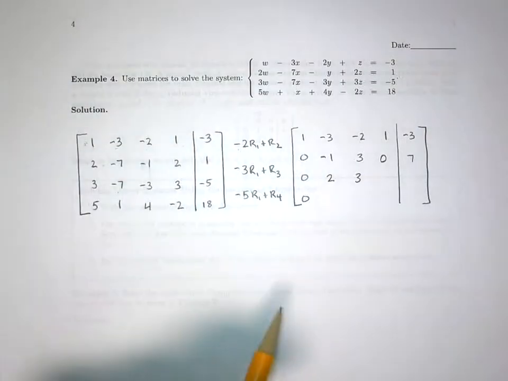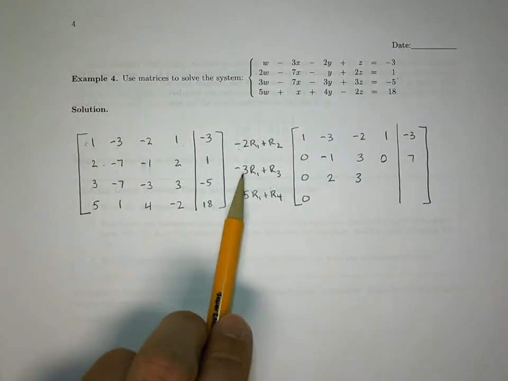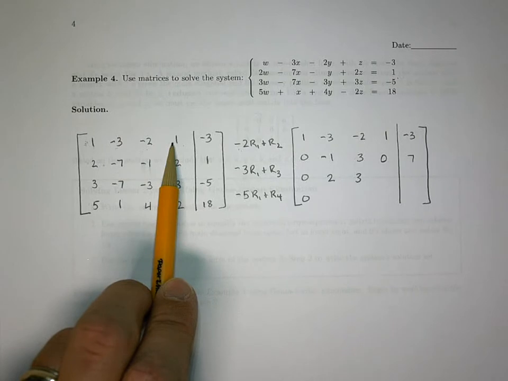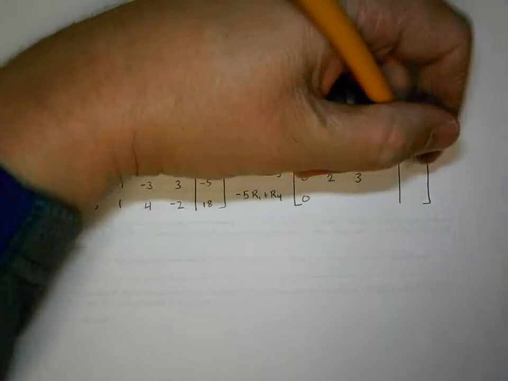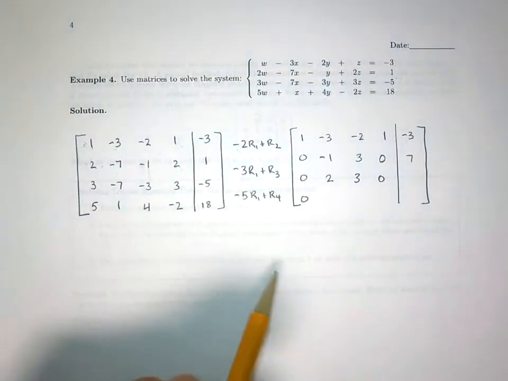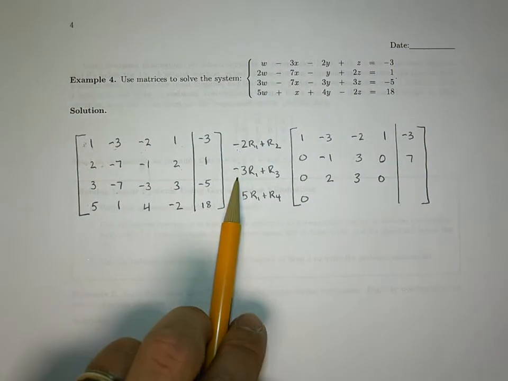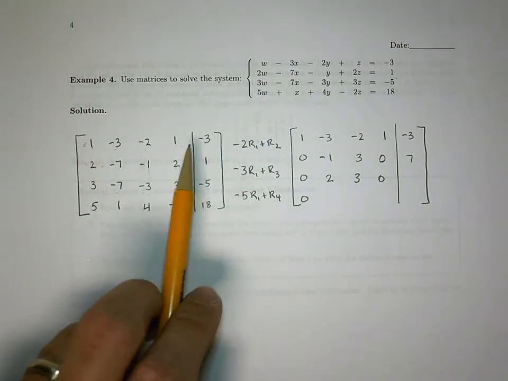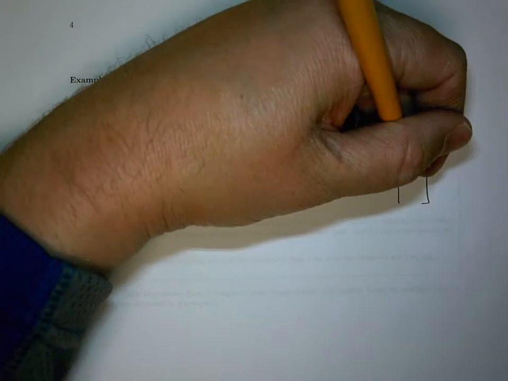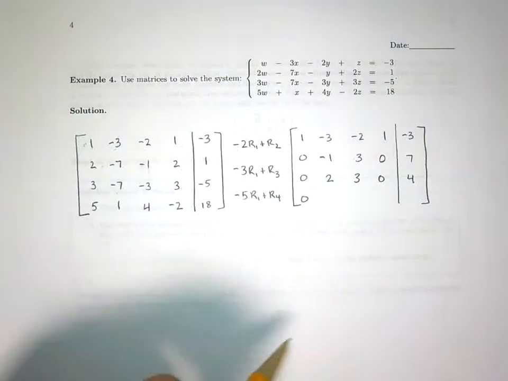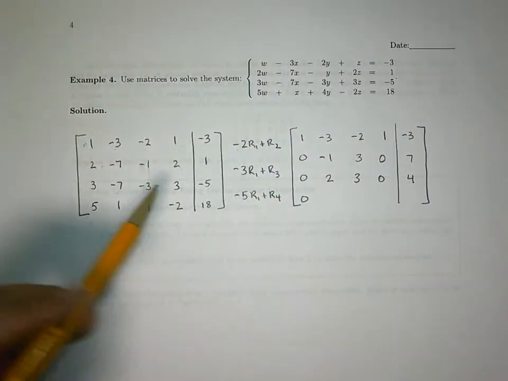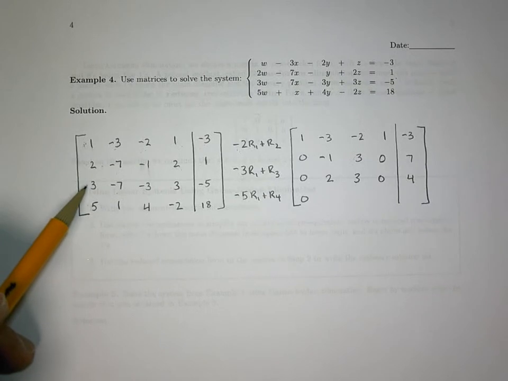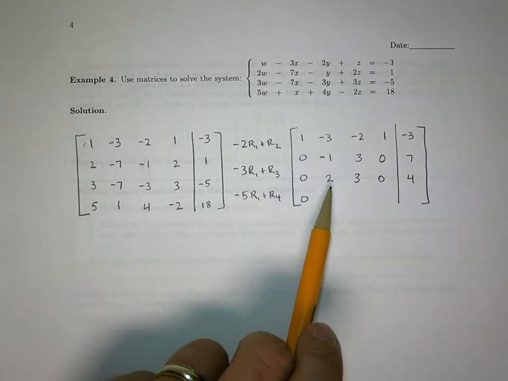Going to the z column, negative 3 times 1 is negative 3, plus 3 is 0. On the right side, negative 3 times negative 3 is 9, minus 5 is 4. In other words, by using equations 1 and 3 to eliminate w, I've created this new equation that says 2x plus 3y equals 4.